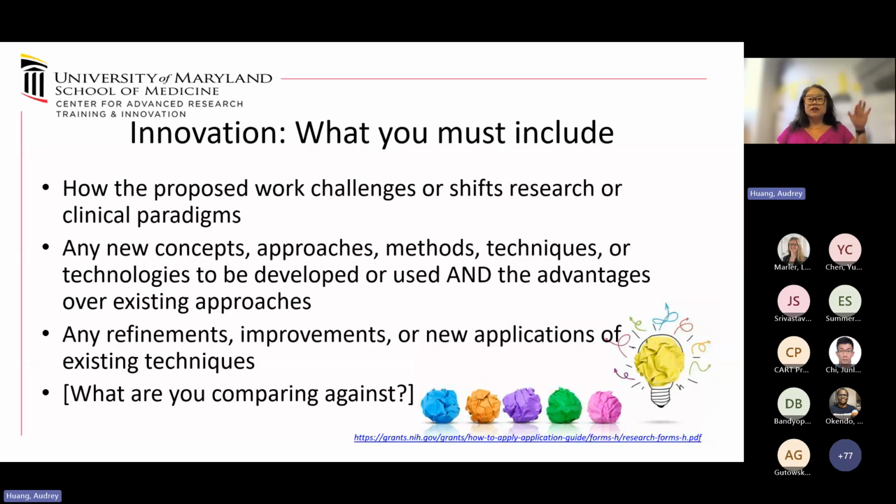Okay, so innovation. Now, remember, significance is about the question, innovation is about the answer. So how does this shift research or clinical paradigms? What are the new concepts, approaches, methods, methodology, answers, knowledge? What is new? What are the advantages over existing approaches? Any refinements, improvements, or applications of existing techniques?